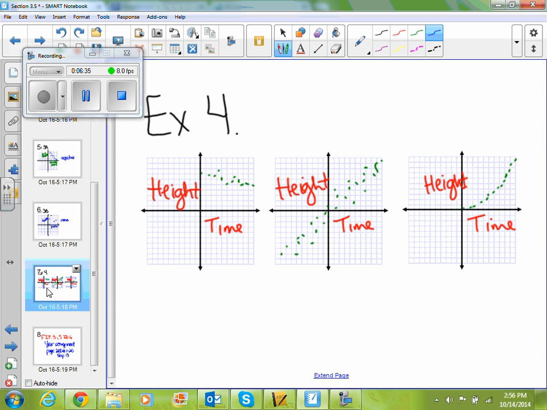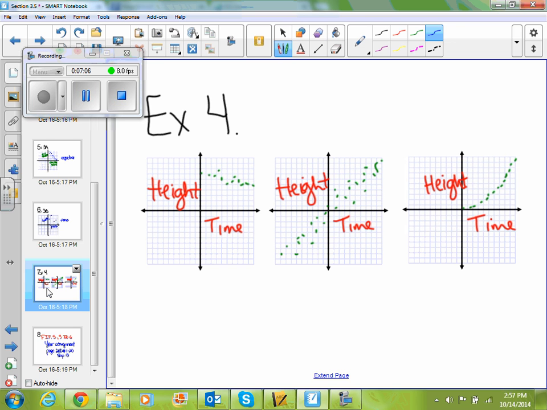Okay, and then the last thing we're going to do is look at comparing scenarios based on word problems. So I'm told that I need to figure out the relationship between the number of days since I planted a seed and the height of the plant. Okay, so I have time since I planted the seed and height of the plant. So which one do I think would represent where my time was and where my height would be?